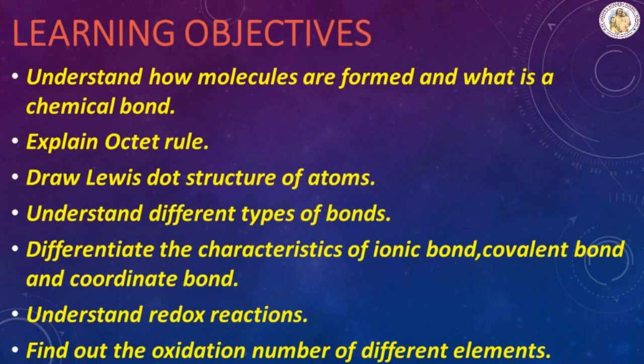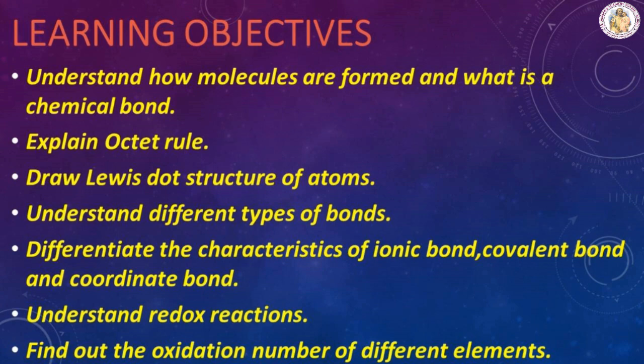Learning Objectives: to understand how molecules are formed and what is a chemical bond. To explain octet rule. Here octet rule means the outermost shell contains 8 electrons. Draw Lewis dot structure of atoms. Then, to understand different types of bonds.